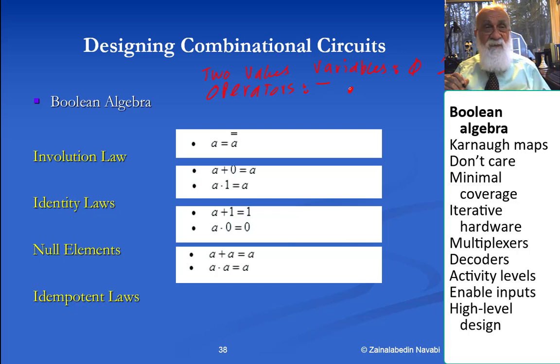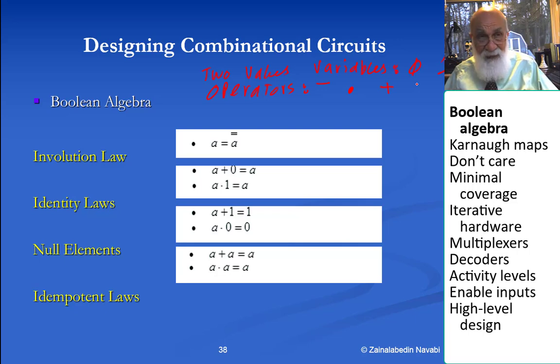A dot for ANDing. A plus for ORing. And so these are the main three operators, and the variables having 0 and 1, these are the rules that we will be discussing. So the first one is A bar bar is the same as A.